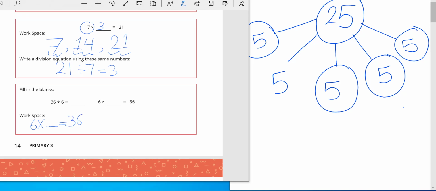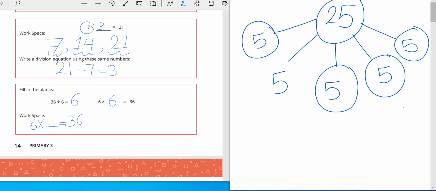From table 6 we can write 6. So we can say that the relation between multiplication operation and division operation is inverse relation.